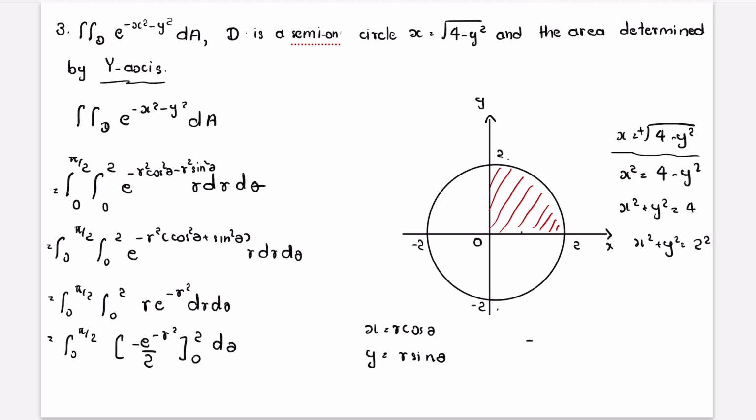When we differentiate minus e power minus r squared by 2, we will get minus e power minus r squared times minus 2r by 2. So the answer is the same as before, right? So yeah, we can know that our integration is right.